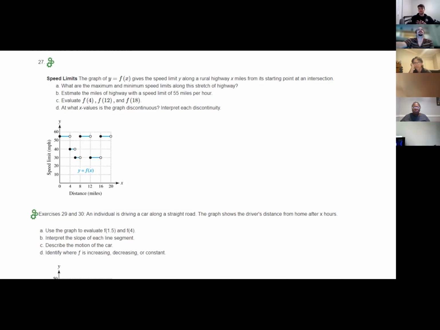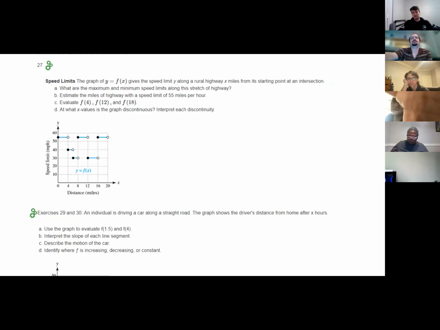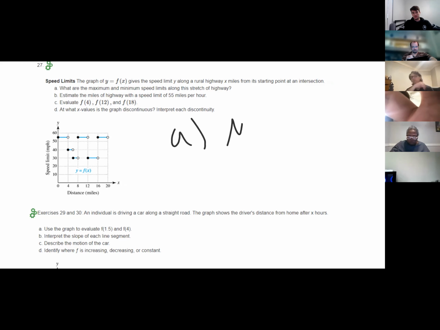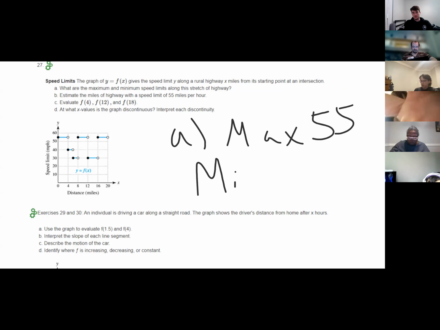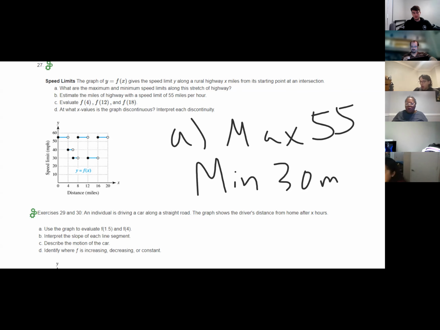Speed limit should be my what? The y. Yeah, the y variable. So what's the max? 55. And the min? 30. Yeah, that's right. Miles per hour, maybe. That's it.